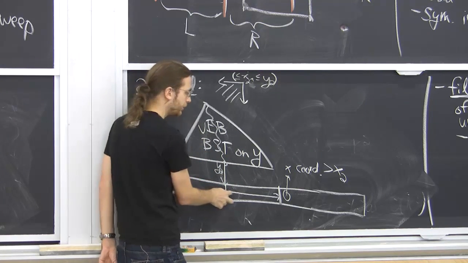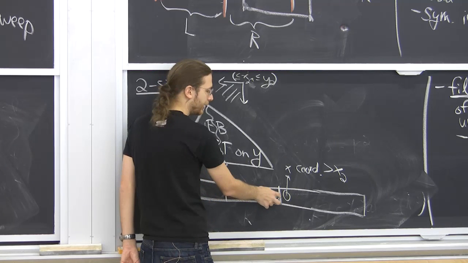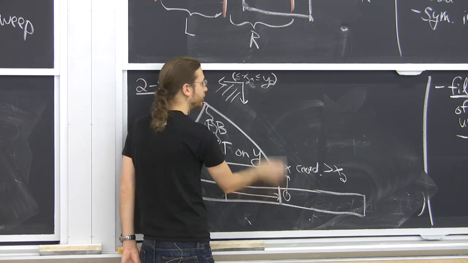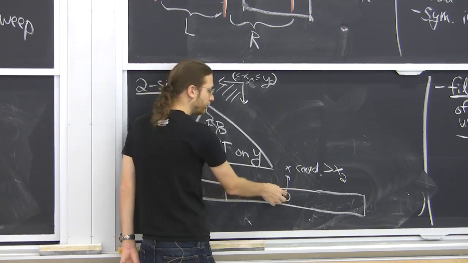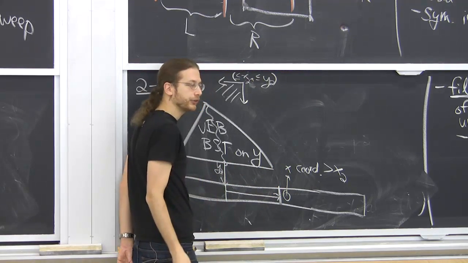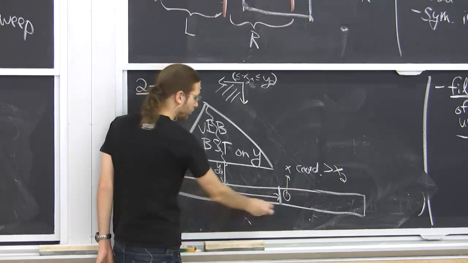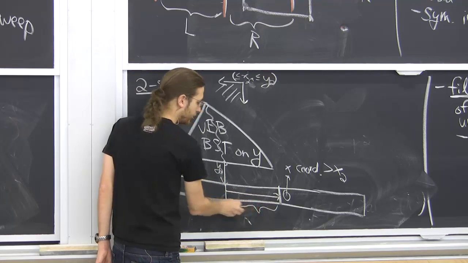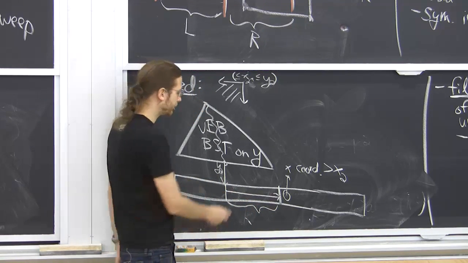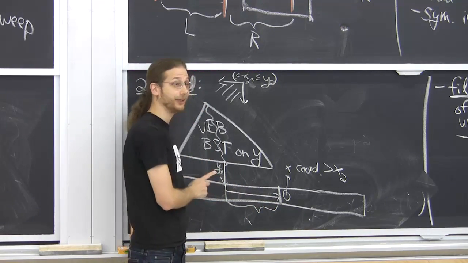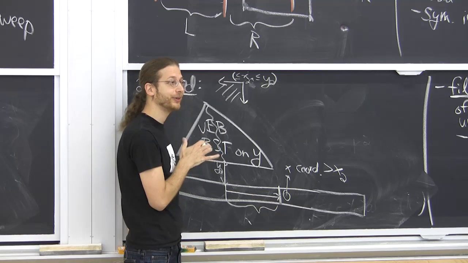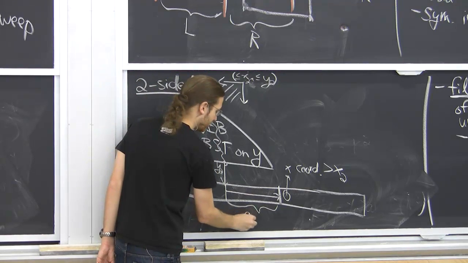Follow the pointer. You go here, and you walk to the right, looking at all the points that have x-coordinate less than or equal to x2. Those are the ones you want. Once you find a point whose x-coordinate is bigger than x2, you stop. And then you report these points. It's not quite so simple because some of these points might be duplicates, so you have to remove duplicates. That is your answer.